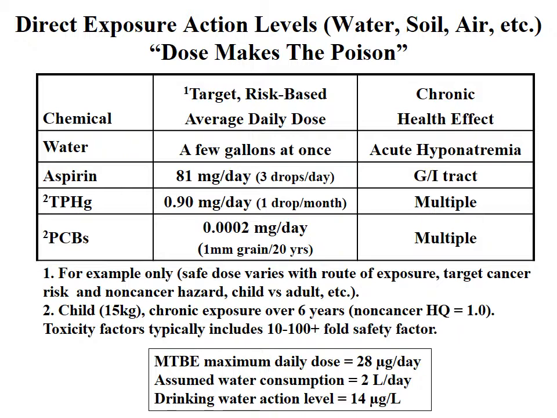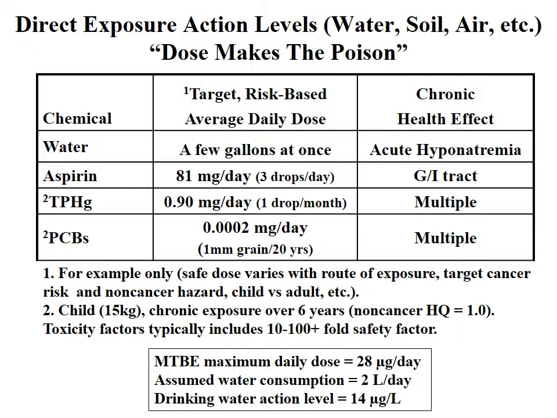How about gasoline, TPH gasoline? Well, gasoline is a little more toxic than aspirin. In this case, the target risk-based average daily dose, which studies show is safe for exposure day to day for many years, comes out to about 1 drop per month, or in dose terms, 0.9 milligrams per day.